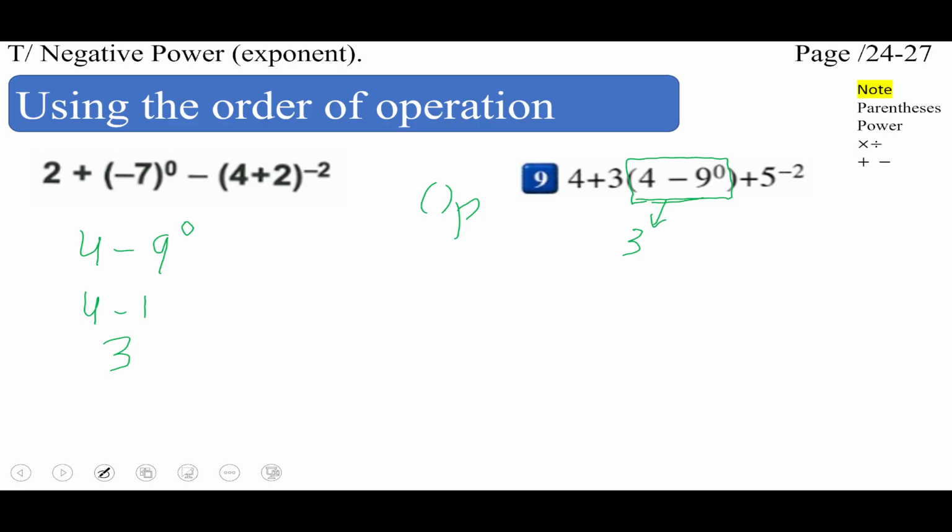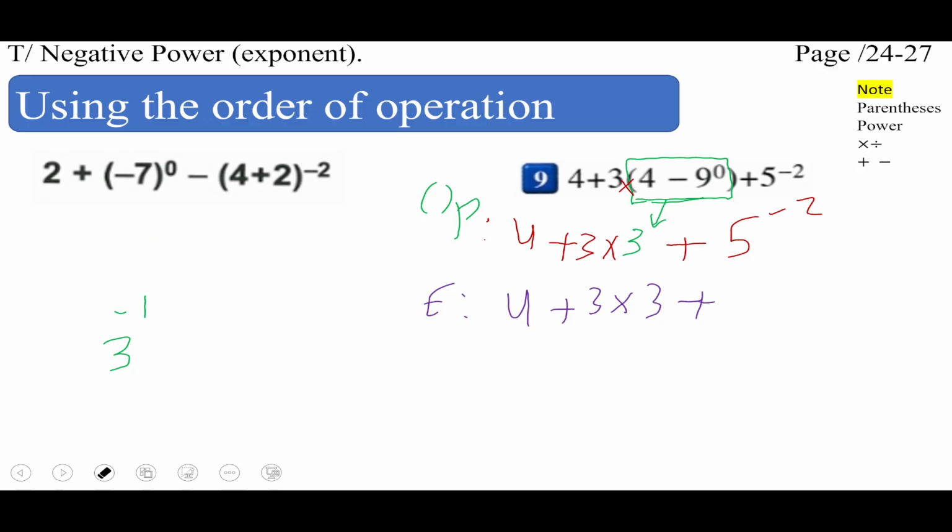How about the other numbers? 4 plus 3. In here there is a bracket, so it means multiplication. Now, plus 5 to the power of negative 2. We have exponents. 4 plus 3 times 3 plus 5 to the power of negative 2.